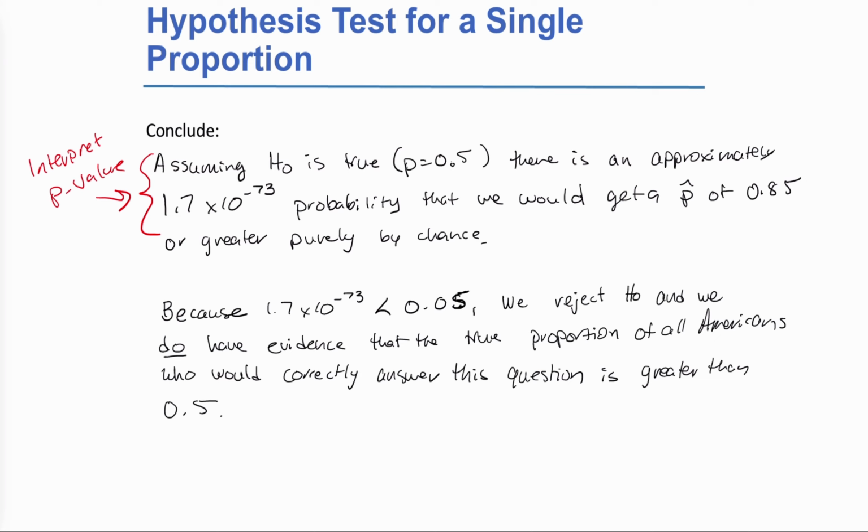Because our p-value is less than our alpha, we reject the null, and we do have evidence in context that the true proportion of all Americans who would correctly answer this question is greater than 0.5. So this is your decision plus the conclusion in context.